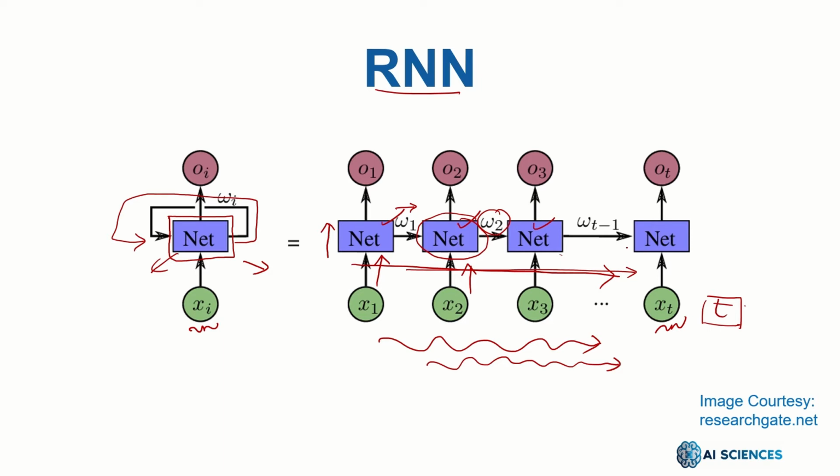So the total number of layers are way more than any ordinary manageable neural network, and that's precisely actually the cause of the problem, where the information cannot be retained for a long period of time.